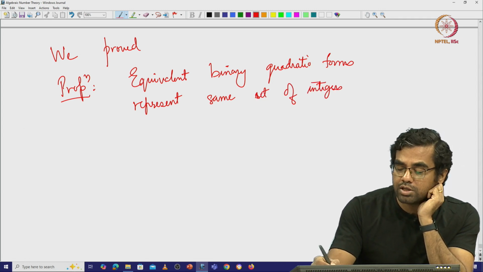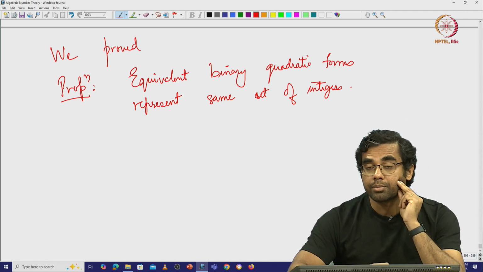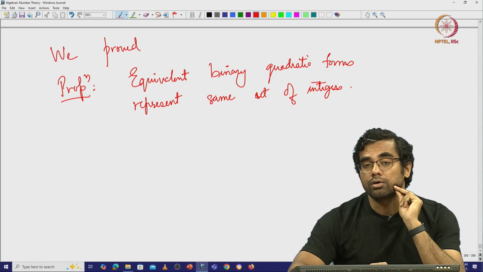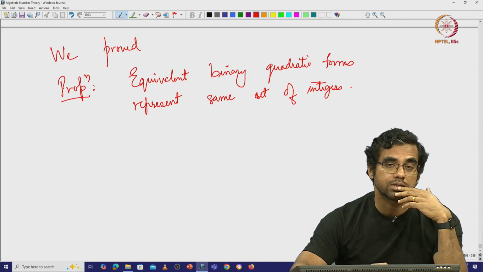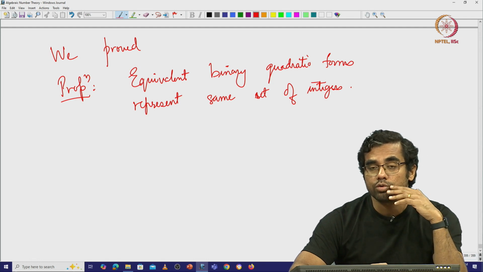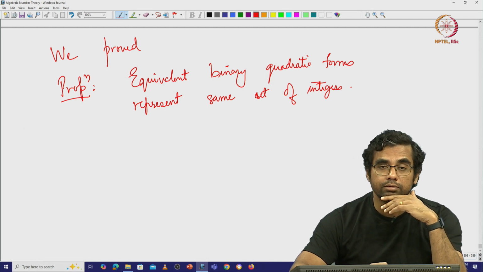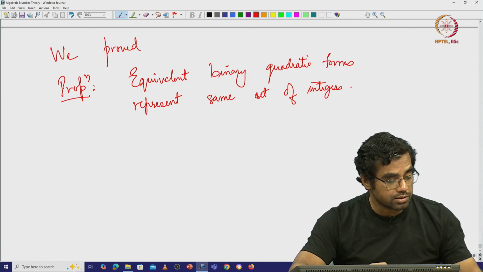Represent means that they can be written as a value of this binary quadratic form. I am not at all saying the converse, that if two binary quadratic forms represent the same set of integers, then they are equivalent. I am just saying that if two binary quadratic forms are equivalent, then they represent the same set of integers.